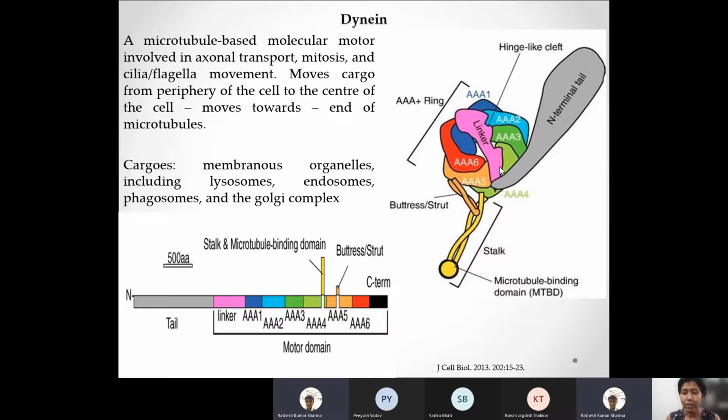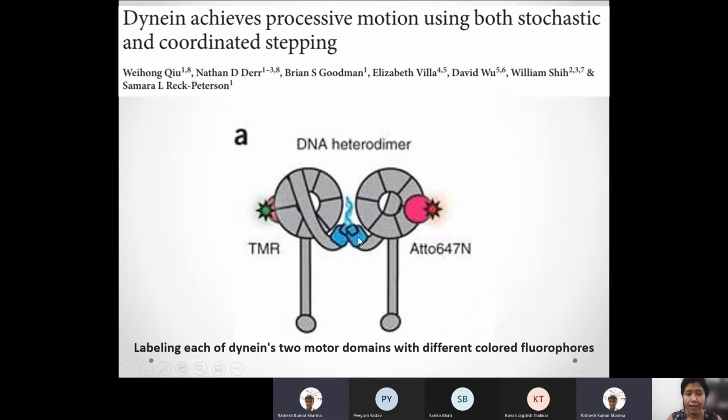So what did they do? They added some sort of an enzyme whose substrate is fluorescent. That way you can vary the fluorescence with which you can tag the dynein. They also used certain other methods to dimerize the dynein.